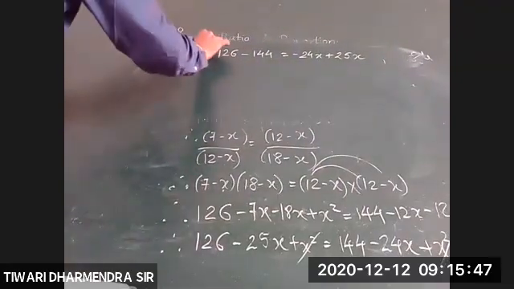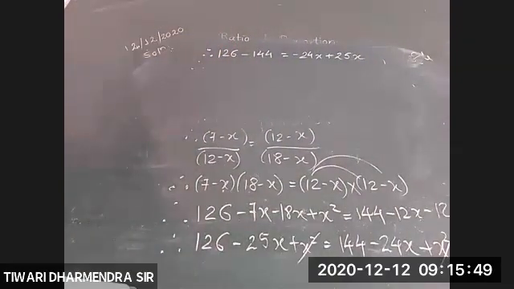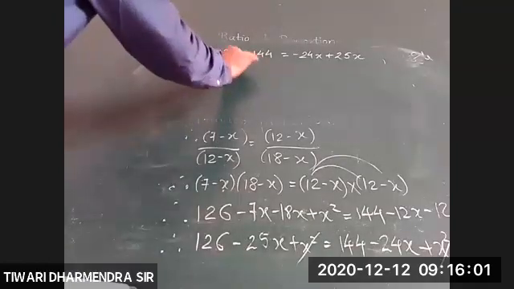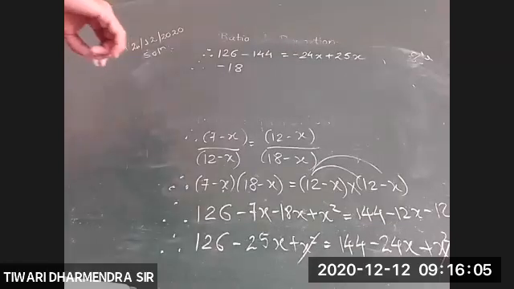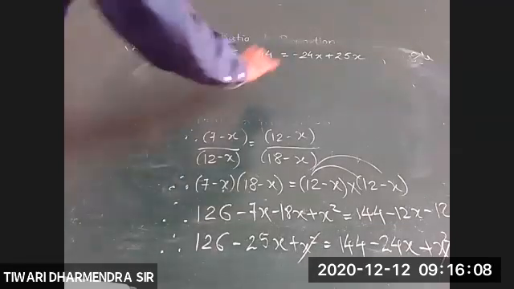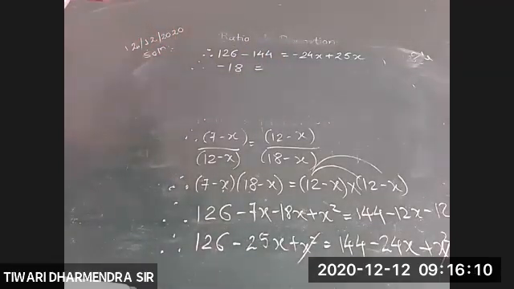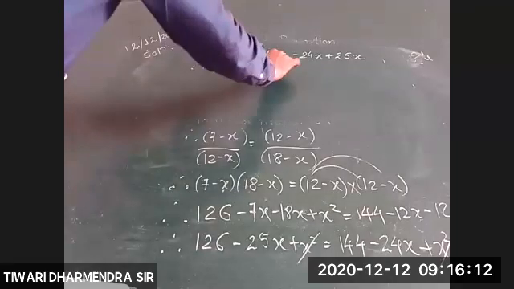So therefore, 126 minus 144. What is the answer? Minus 18. Subtraction takes the sign of the largest number. It is equal to 25x minus 24x, so it is x.